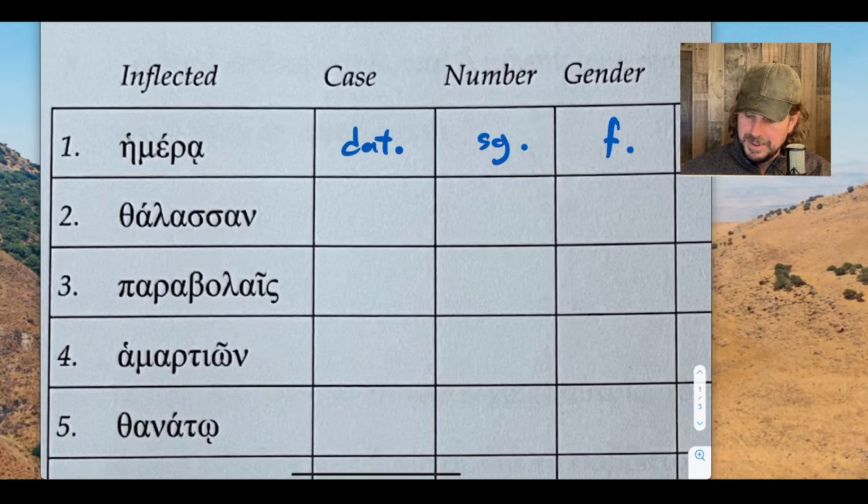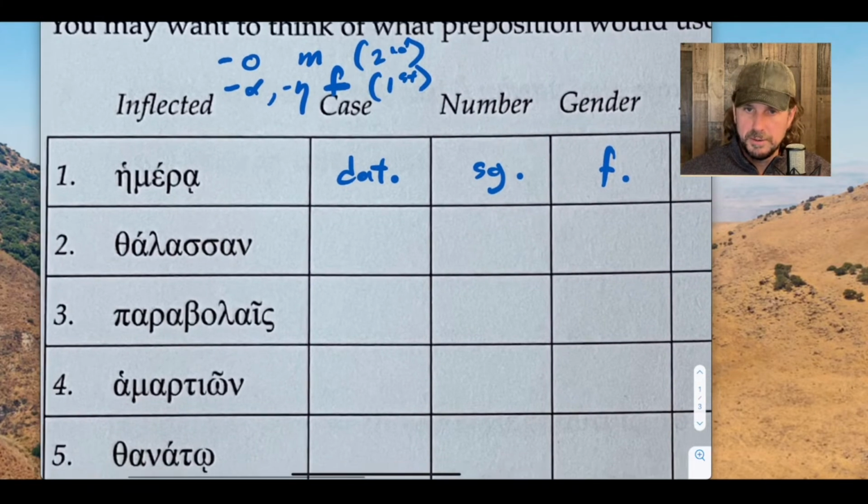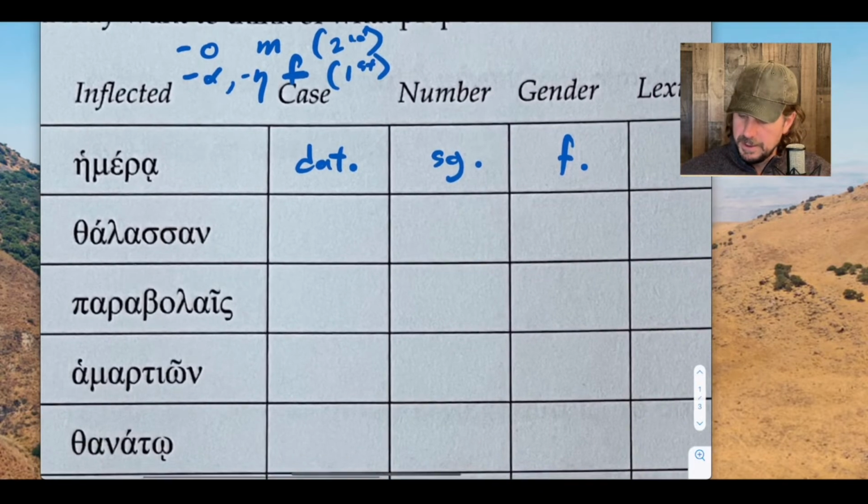Because remember, stems that end in an omicron are masculine, so they're going to be second declension, whereas stems that end in an alpha or an eta are feminine, and those are first declension. So hemera, dative, singular, feminine.